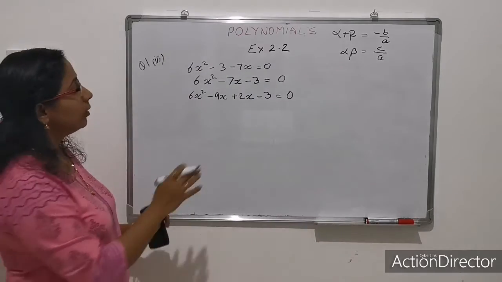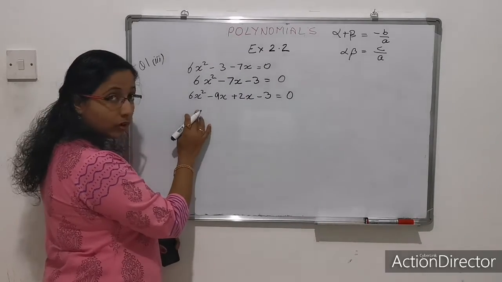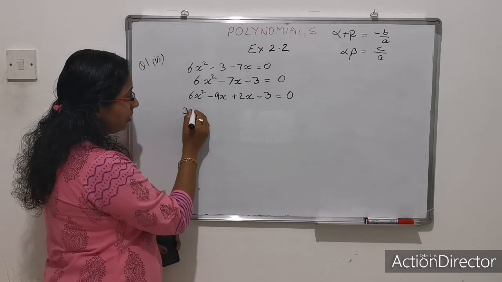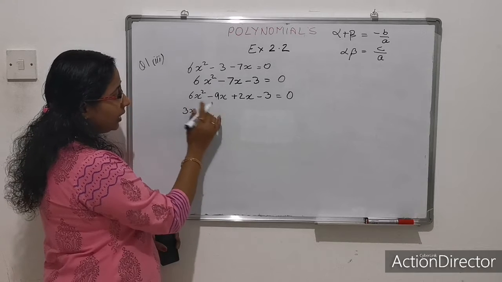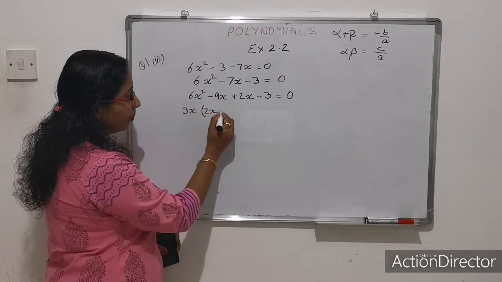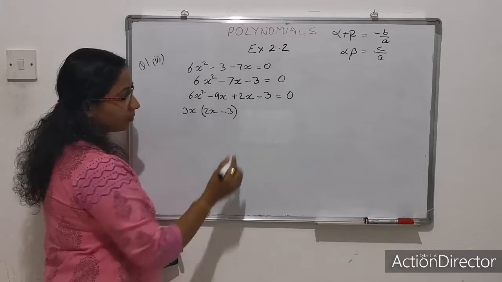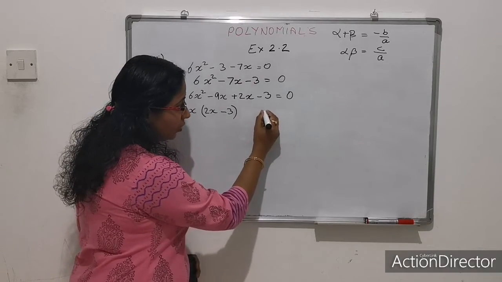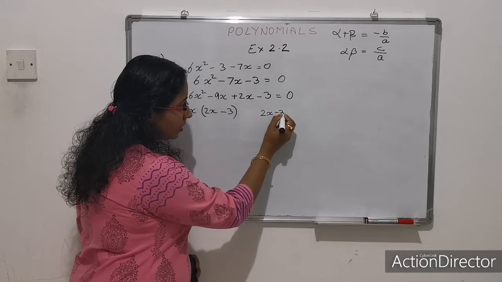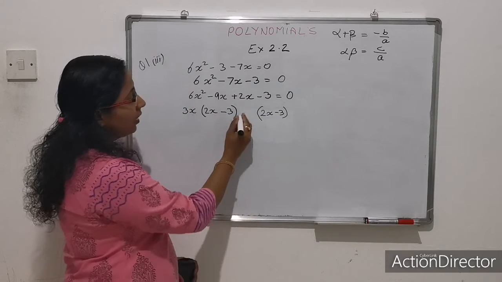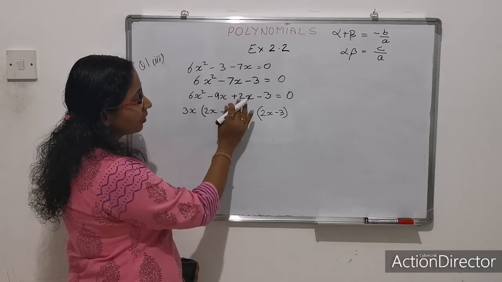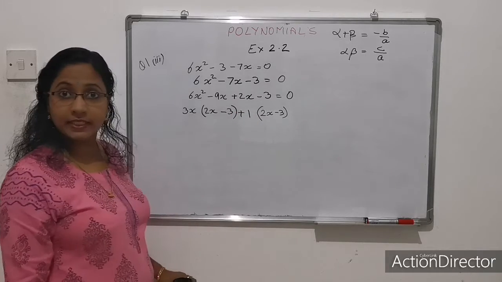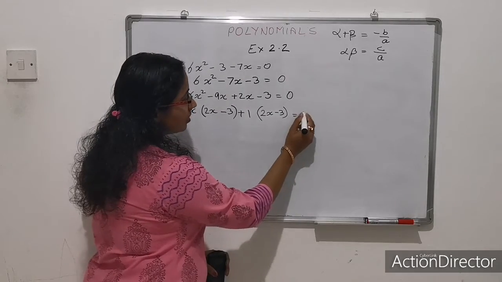From 6x square and minus 9x, what can we take common? 3x we can take common, and this becomes 2x minus 3. Now this 2x minus 3 you have to write as it is over here, then this becomes plus 1, equal to 0.